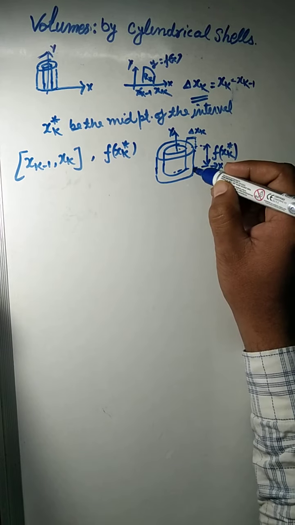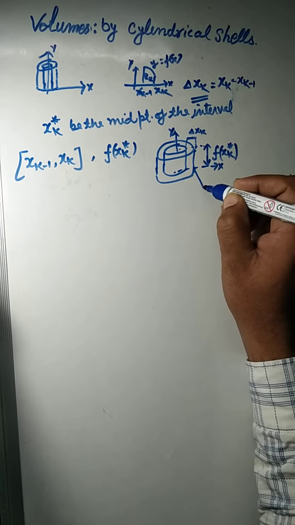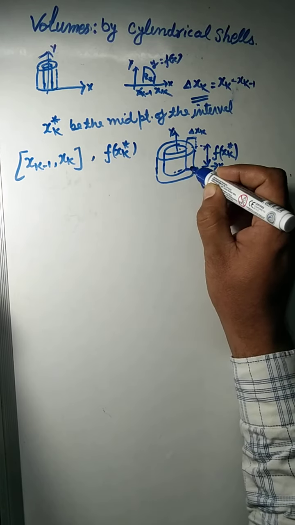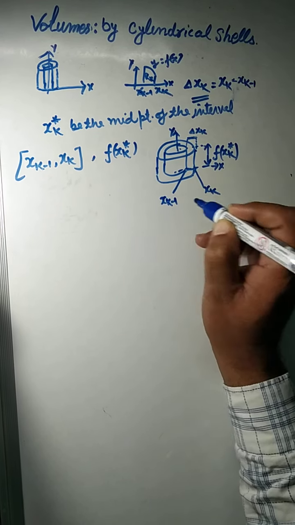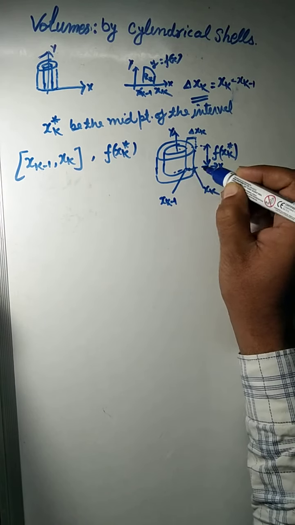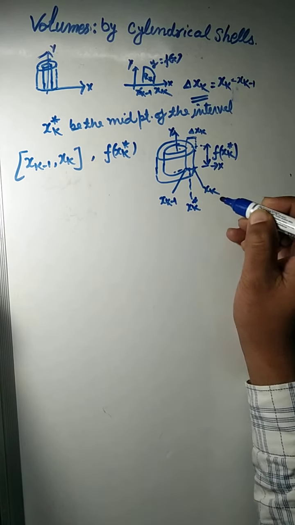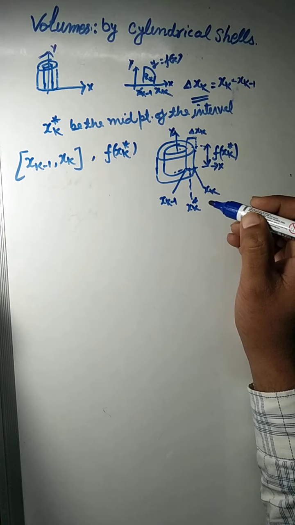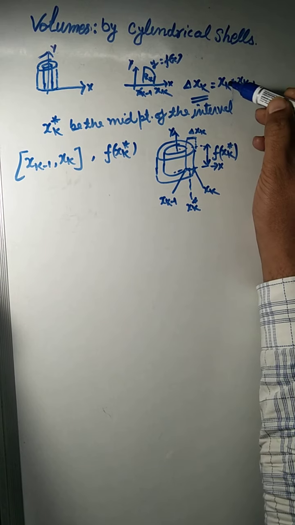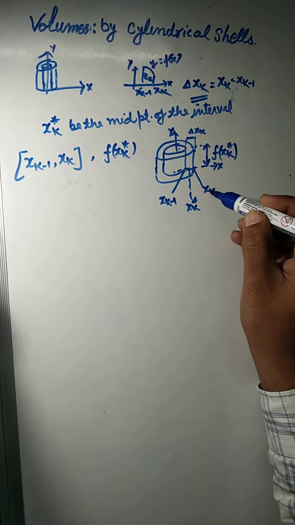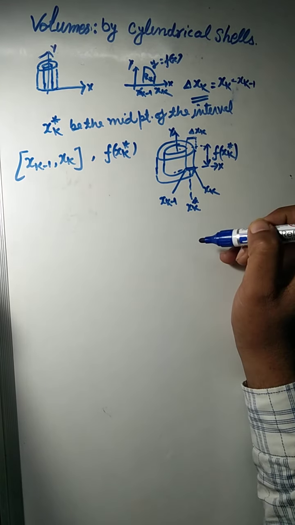Let this point, which is x_k, this point x_{k-1}, and this point, the midpoint, x_k star. Therefore, we have delta x_k as the thickness, which is x_k minus x_{k-1}, and midpoint x_k star.